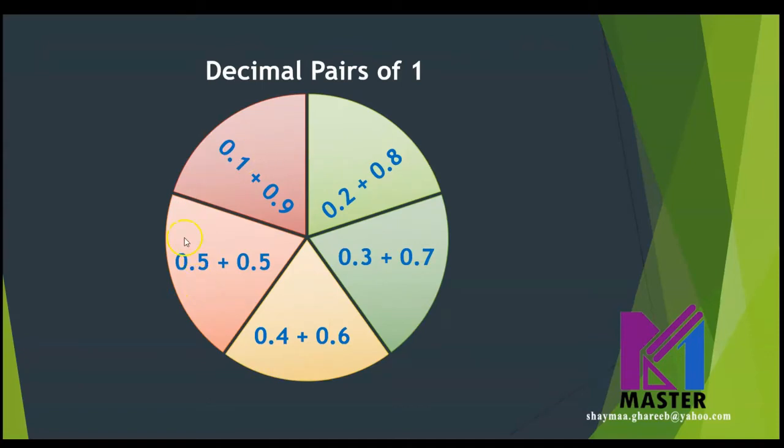Now we can say that decimal pairs of 1: 0.1 plus 0.9, 0.2 plus 0.8, 0.3 and 0.7, 0.4 and 0.6, 0.5 and 0.5.